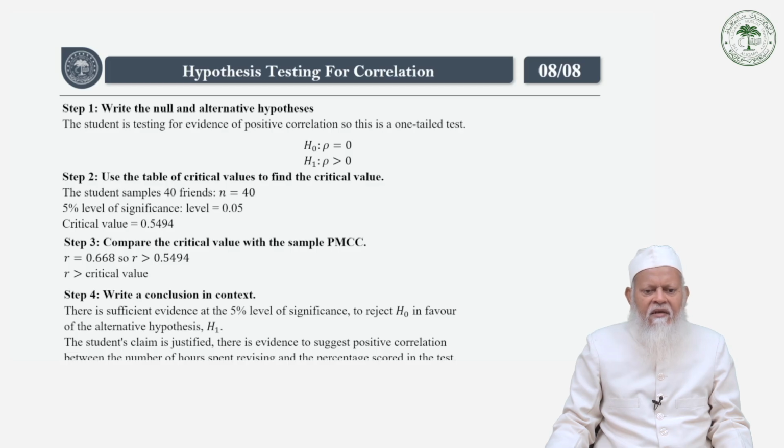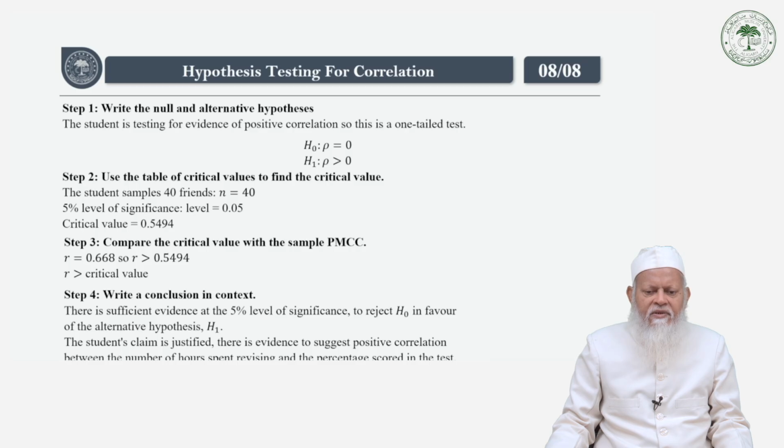greater than the critical value, and so we come to the conclusion that at the 5% level of significance there is sufficient evidence to reject the null hypothesis in favor of the alternative hypothesis, and the student's claim is justified.